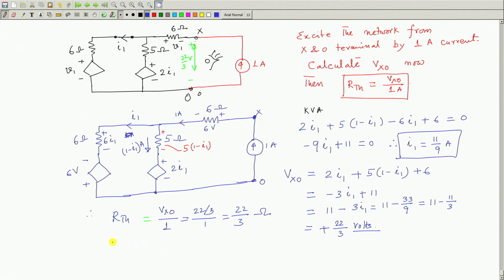So, V Thevenin's already calculated. V x O open circuit equal to how much?